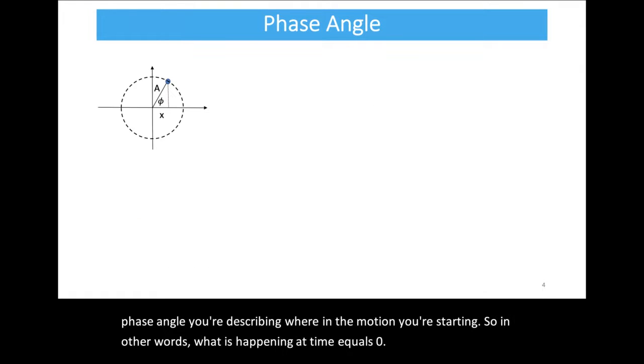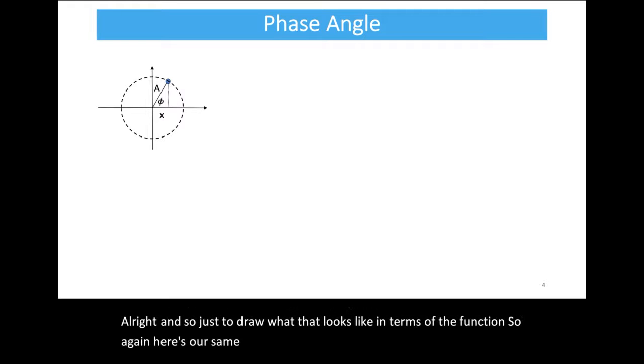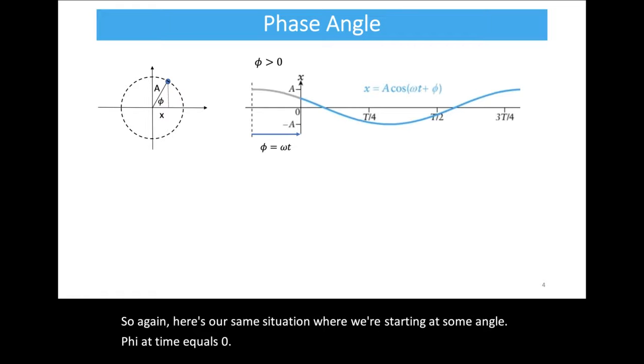All right. And so just to draw what that looks like in terms of the function. Again, here's our same situation where we're starting at some angle phi at time equals 0. What would that look like?